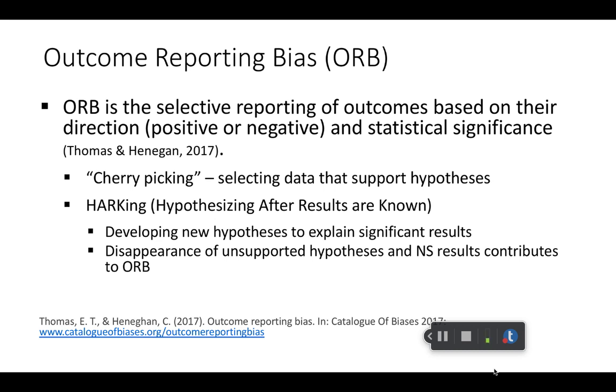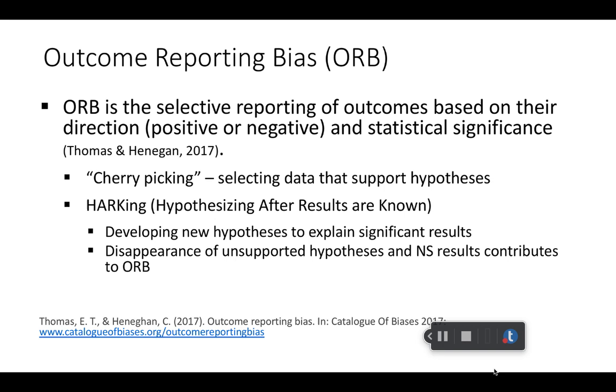And this means that researchers collect data and develop new hypotheses to explain their significant results. So the data are driving hypotheses instead of the other way around. What we see here is the disappearance from research reports of unsupported hypotheses and non-significant results, and this contributes to outcome reporting bias.